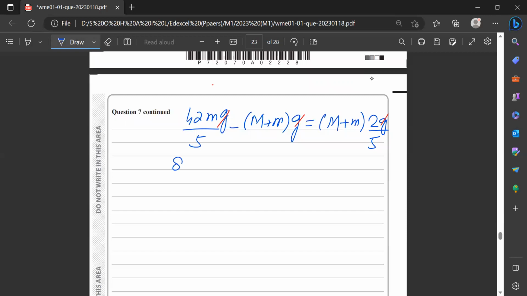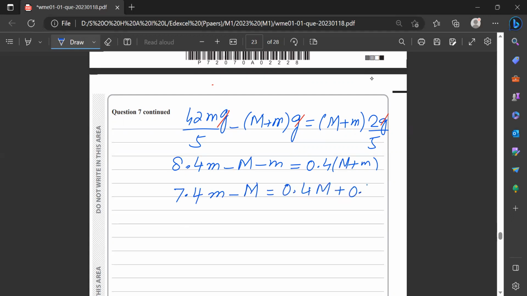42 over 5 is 8.4m minus, I can open the brackets, minus Mg, minus mg, which cancels, equals 2 over 5, which is 0.4, times M plus m. So 8.4m minus 1m is 7.4m minus big M equals 0.4M plus 0.4m.